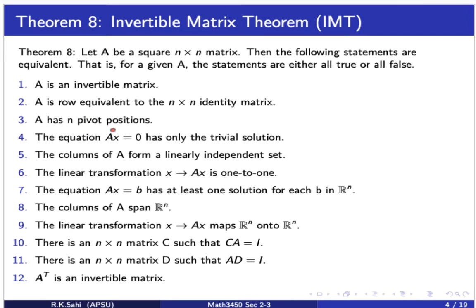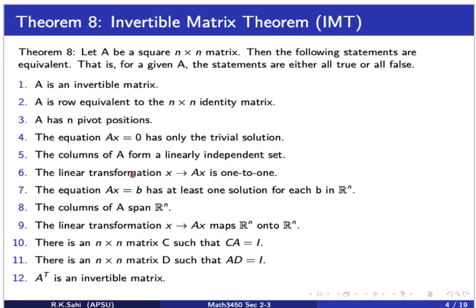If A has n pivot positions, then it also says that the equation Ax equals 0 has only the trivial solution. If you recall, this is coming from our homogeneous equation, section 1.5 of the Lay book. And then the columns of A form a linearly independent set.